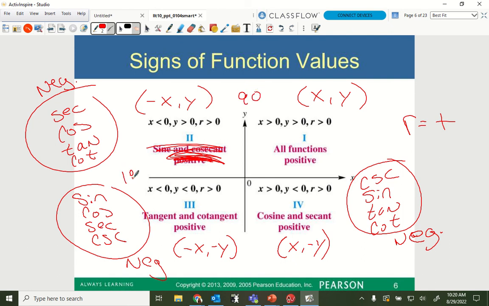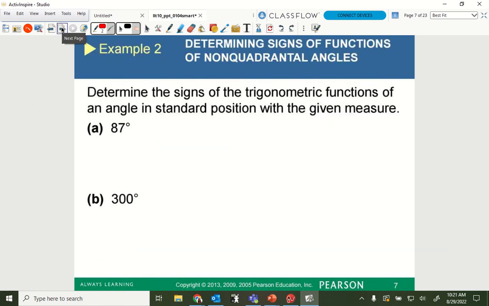Over here is 180. Down here is 270 and 0/360. So if your angle is between 0 and 90, it's quadrant 1. Between 90 and 180, it's quadrant 2. So this is quadrant 1, so we're stating quadrant 1.